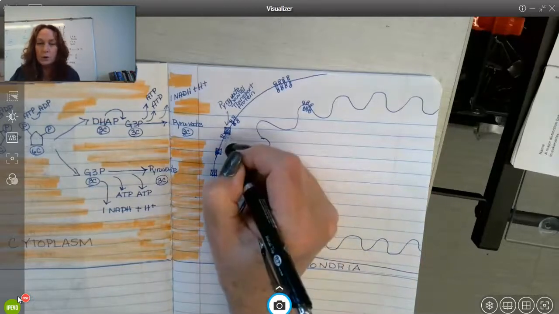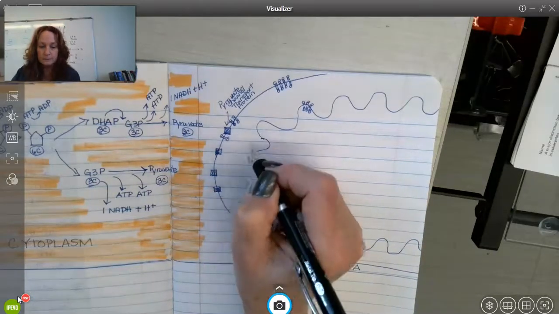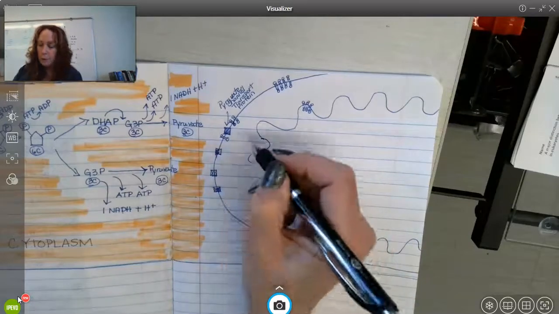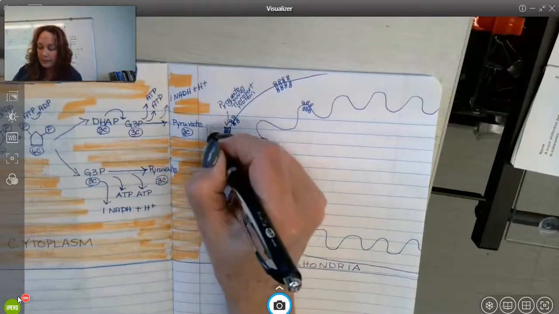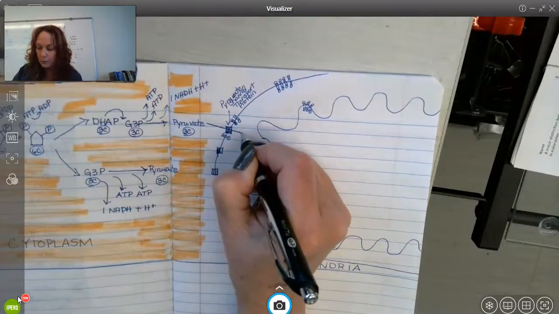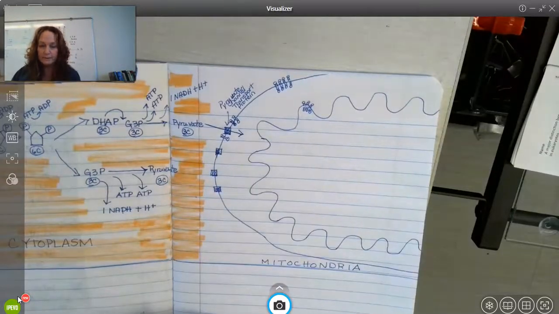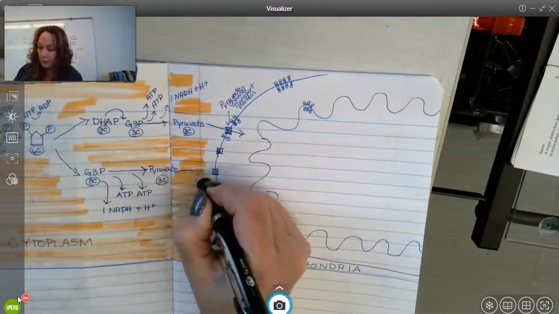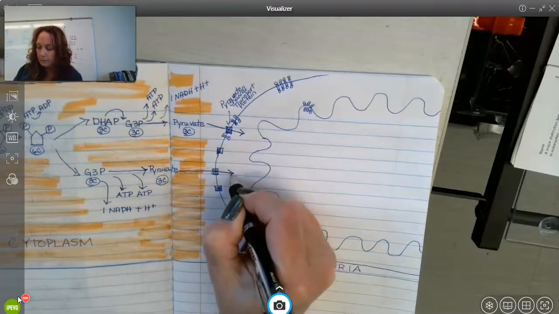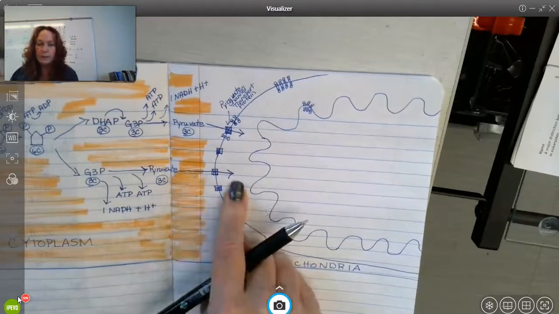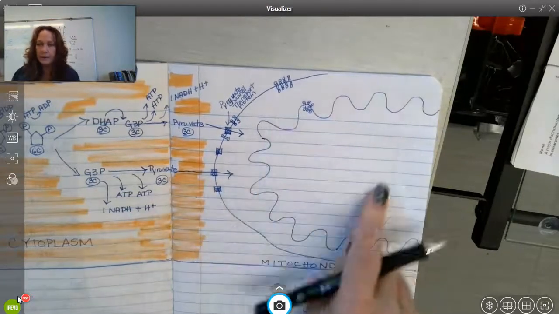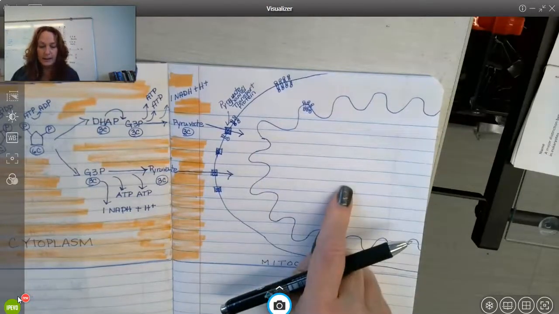When the conditions are correct, you're going to be able to have this pyruvate molecule move through that transport protein. So let this one go through here. So now it's moved into the mitochondrion for the rest of what's going to happen.